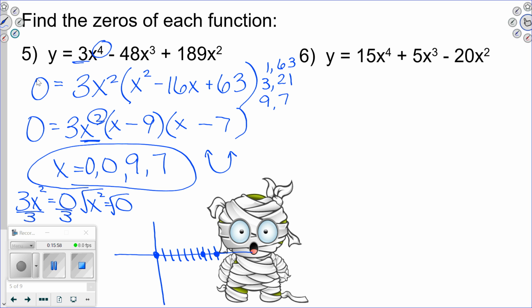Let me see what happens here. Graph this, the original equation. It's one of those cool nuances in math. You may not think it's as cool as I do, but I like it.